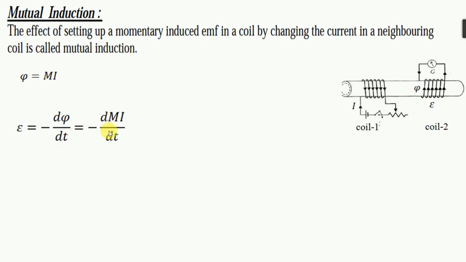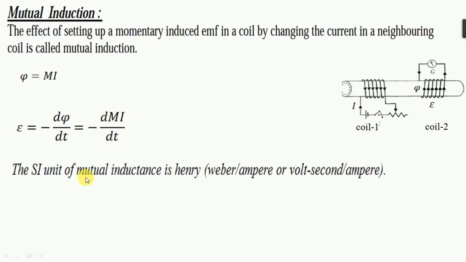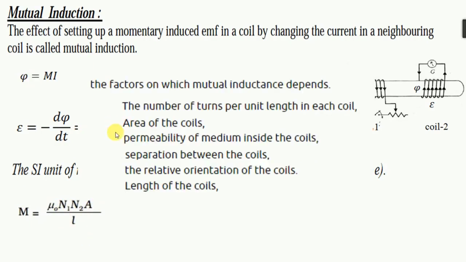So if you put the value you will get minus M di by dt, and the unit of the coefficient of mutual inductance is Henry. The formula of mutual inductance between two coils is given by M is equal to mu naught N1 N2 A by L, and the mutual inductance between two coils depends on several factors.